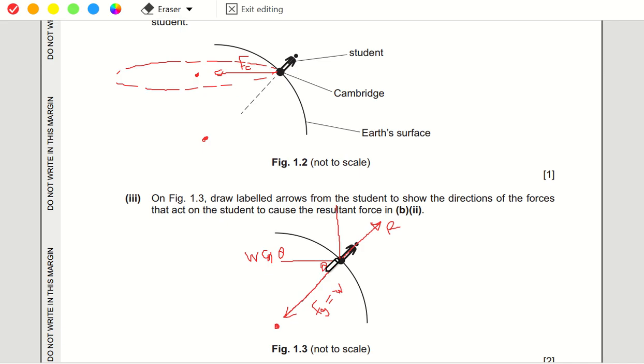Okay, here is W, here is theta, here is W cosine theta. If we note the geometry here, we'll find that this angle also is theta, so this is R cosine theta. So only W cosine theta to the left and R cosine theta to the right are contributing to the FC. The vertical components of R or of the weight have no contribution to FC.